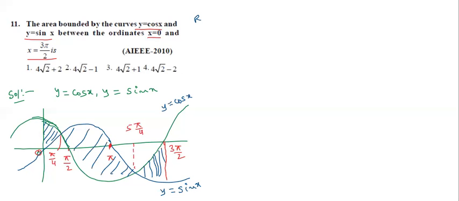Now, the required area is equal to integration from 0 to pi by 4. What is the upper curve here? Cos x, lower curve sin x. So that is the first shaded area, first part, dx. Now see the second part, limit: what is that? Pi by 2 to 5 pi by 4. What is the upper curve here?